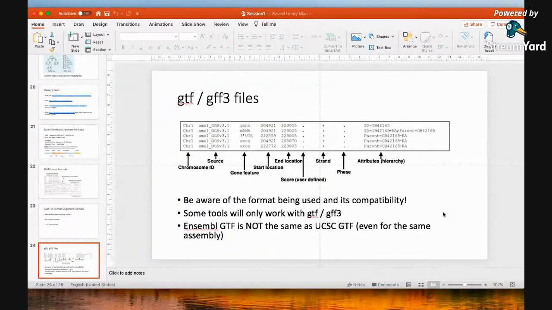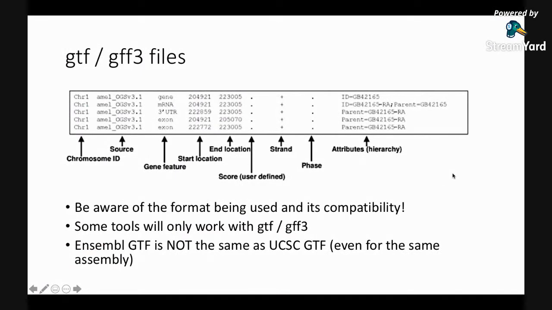So the genome has information about what are the sequences on each chromosome, right? But it does not really have information about how they are distributed or how they are aligned in terms of genes. And this information is given in this kind of file format, GTF or GFF3. Yeah. So in this file format, it's a simple text file which is separated by tab.